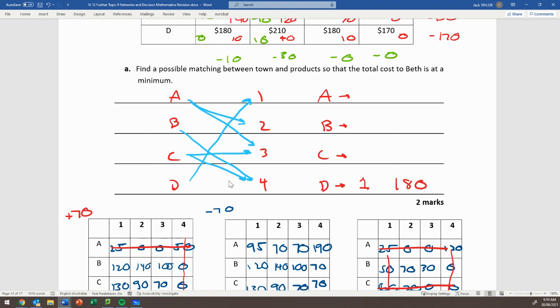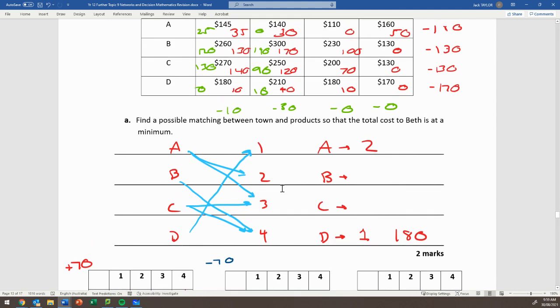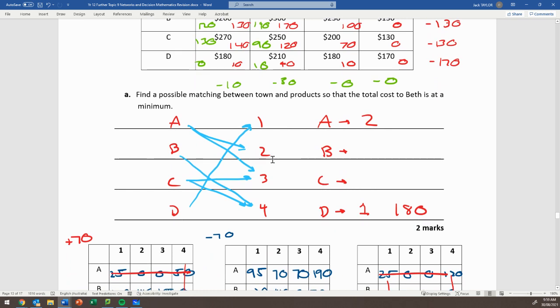A has to do 2 because they're the only one that can do 2, which for A2 is 140 bucks, which leaves me with B and C. C must do 3, which means that B must do 4.